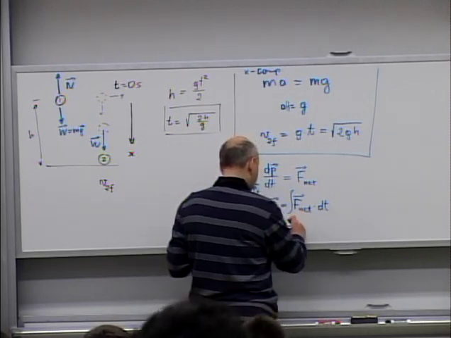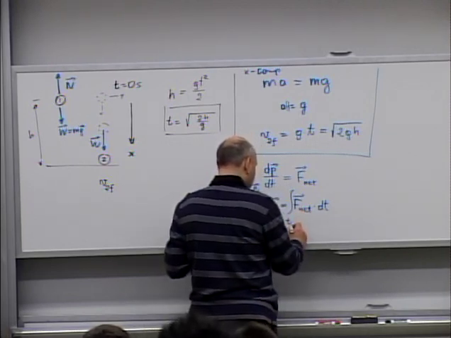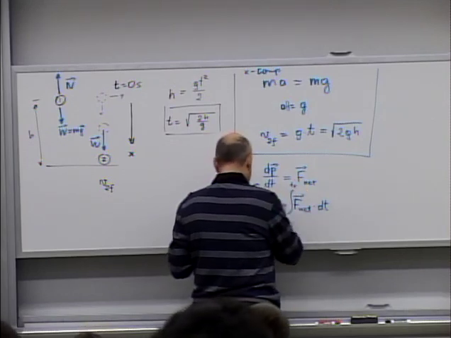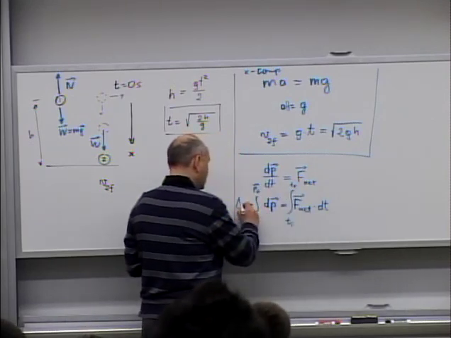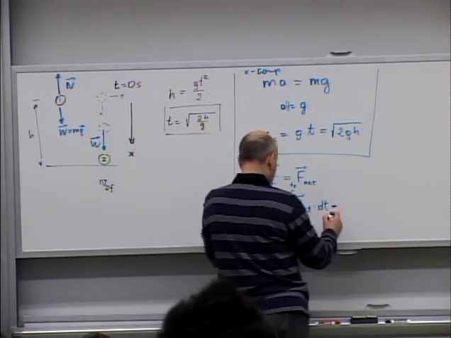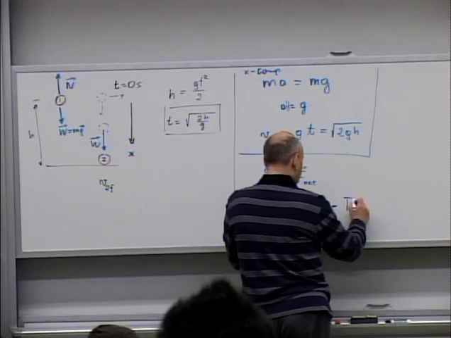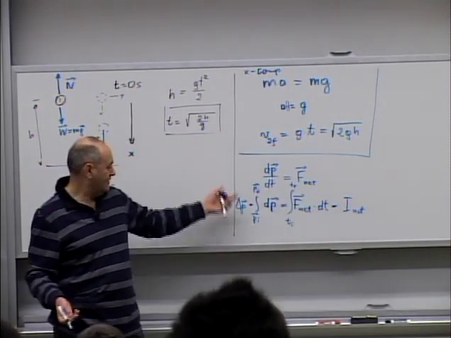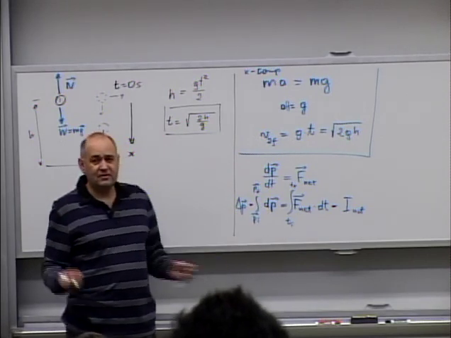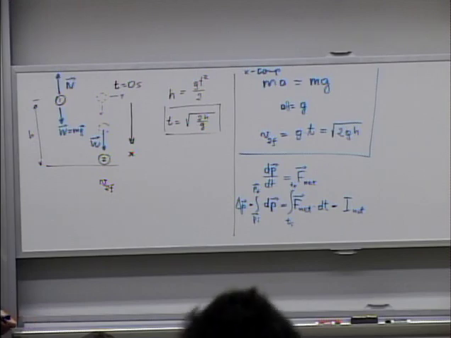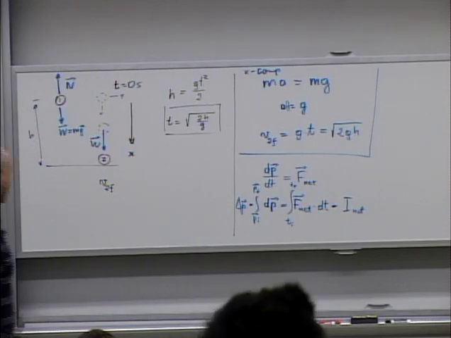So over here I will integrate from initial instant to final instant. On the left hand side I will have change in momentum. On the right hand side I will have net impulse. Really, the solution goes through the derivation of the impulse momentum theorem.